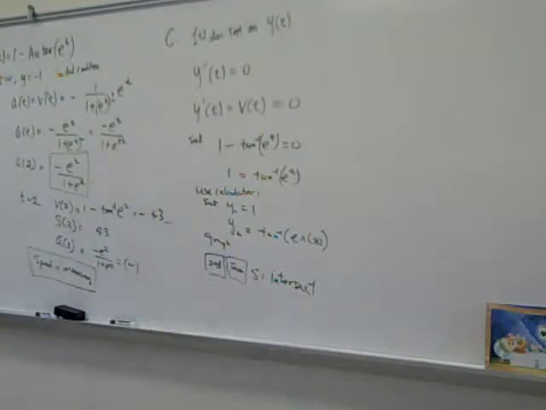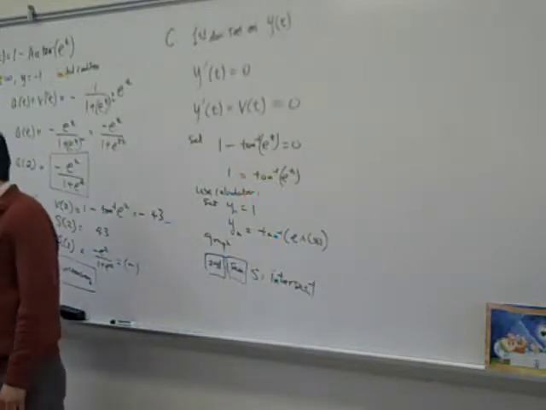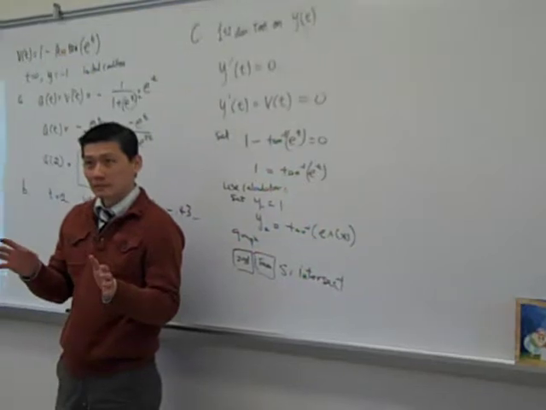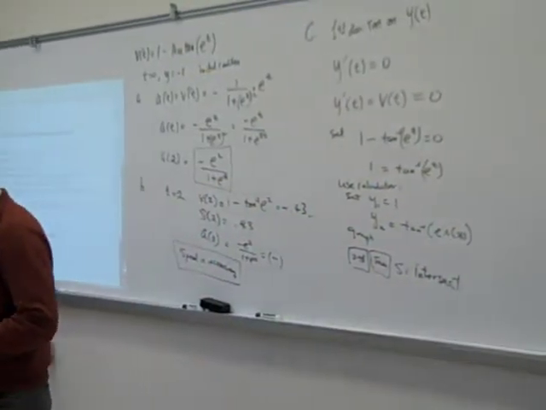It will lead you to the graphical window and ask which is the first function. You select the first function, and it asks which is the second one. You select the second one, and then it says guess. When it says guess, you move your cursor, the little blinking dot, closer to the intersecting point, and press enter, and it comes out with a value. Do you see it? What value did you get?